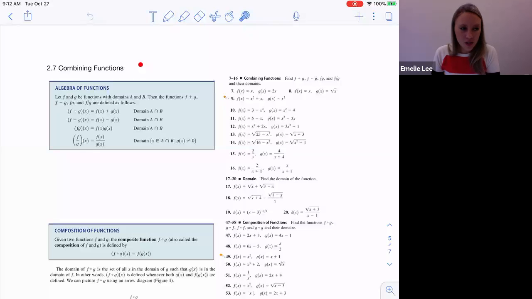Now, combining functions are things like, okay, well, if I have a function f and if I have a function g, I can find a new function called f plus g where I'm just adding these functions together to make a new function.